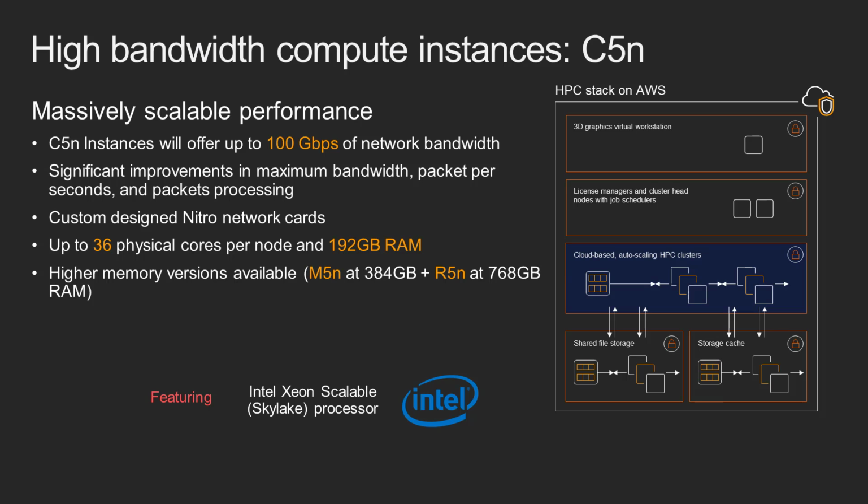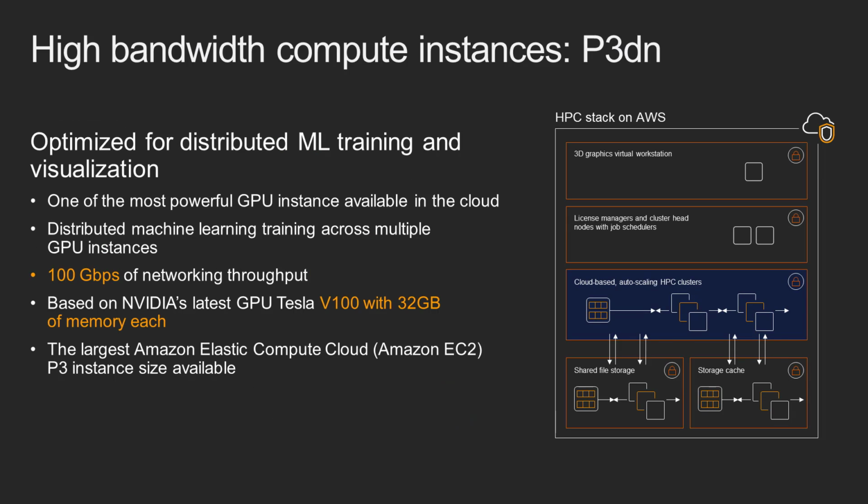And then the P3, of the two different sizes here, is the NVIDIA V100s. The largest one, the 24xlarge, has 8 of them on a single instance. And then interestingly, the G4DN is the NVIDIA T4.